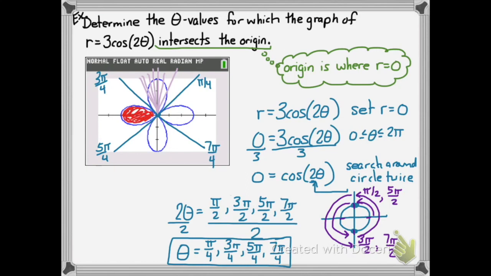If I only wanted to draw just that portion of the leaf, then I could set my theta minimum to be the first part of that angle, so 3 pi over 4, and my theta maximum to be this angle of 5 pi over 4. And if I did that on my graphing calculator, then that would just draw the one petal of this rose.